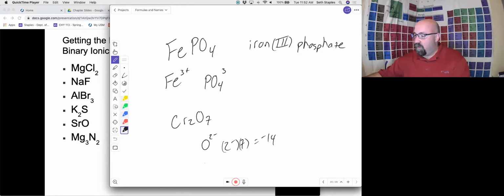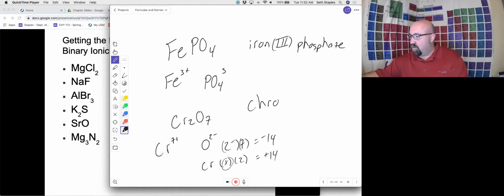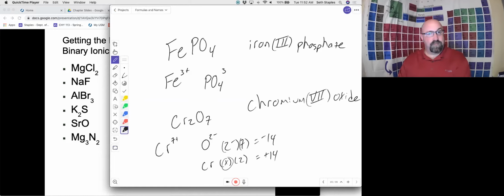In the case of chromium, we don't know what the charge is yet, but we know that we only have 2 of them, and it has to equal plus 14. So that tells us that X here, the charge on chromium, has to be a 7 plus. And so that would lead us to chromium 7 oxide. Done.